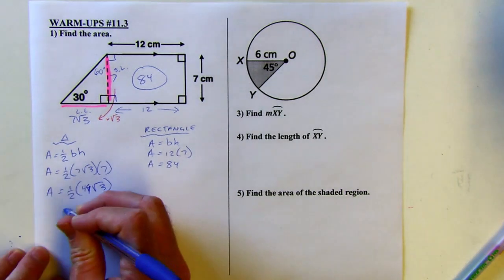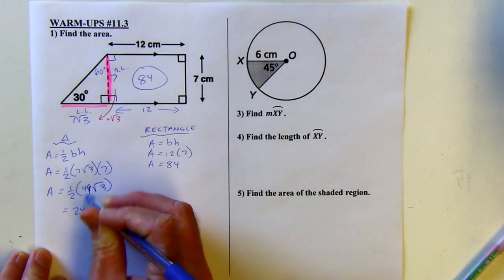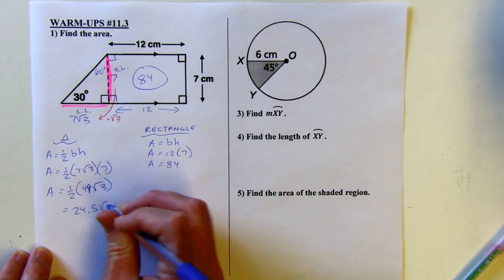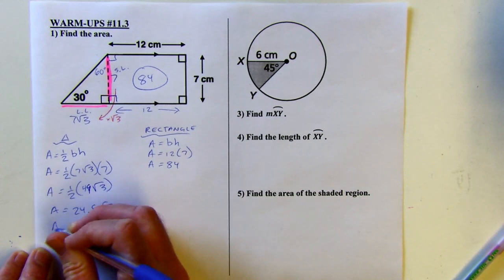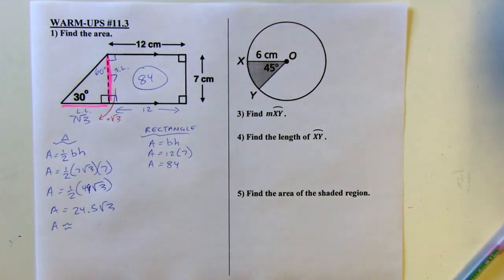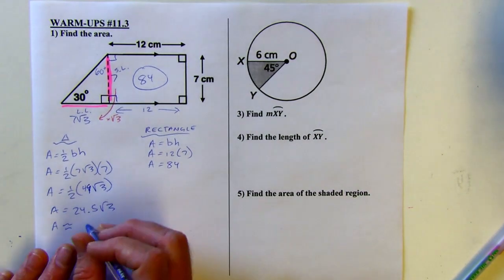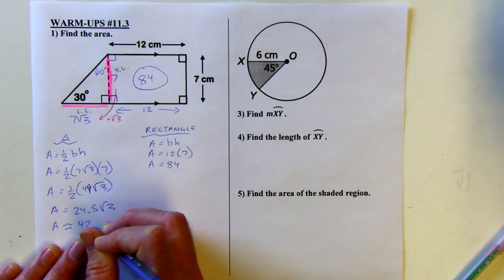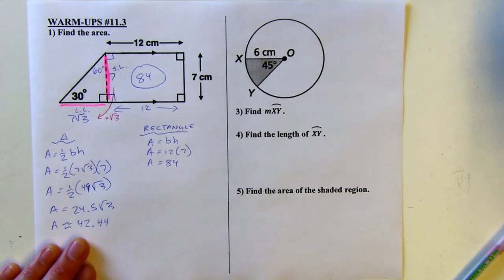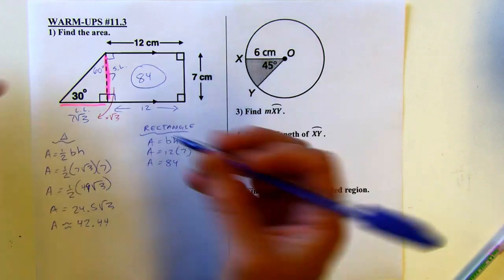You could say that this is 24.5 root 3 because that's half of 49 root 3, but I'm going to make a decimal approximation of this as well. So 24.5 times the square root of 3 is going to give me about 42.44. Okay, and so that's the area of the triangle piece.